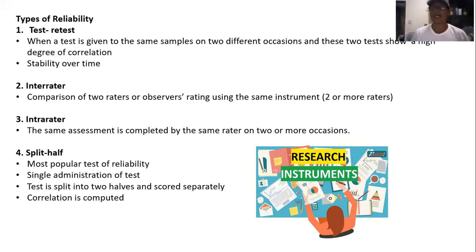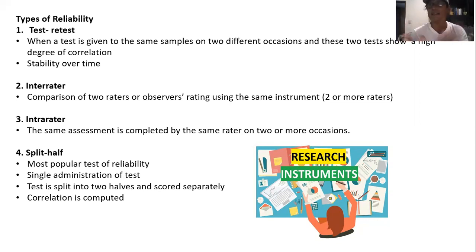The fourth type of reliability is split half. Now, split half, the questionnaire will be answered or evaluated by, let's say, 50 respondents. And these 50 respondents are split into two groups. Each group is composed of 25 respondents, and these two groups will answer the questionnaire on the same occasion.